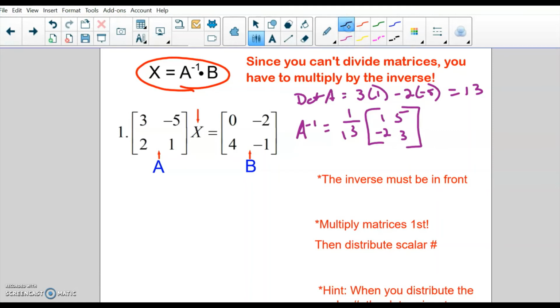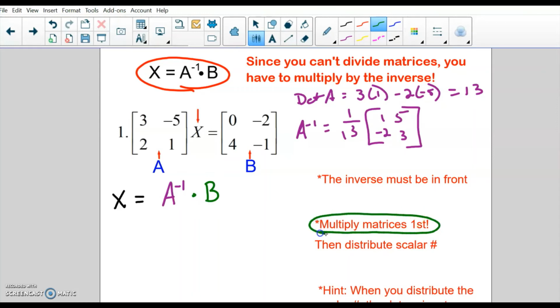Now, it says that we're going to take x equals, we're going to use the inverse of A, and we're going to multiply it by the B matrix. And it says to multiply the matrices first, and then distribute the scalar. So notice that I did not take the 1/13 into the matrix yet. Okay, I'm going to wait to do that later.